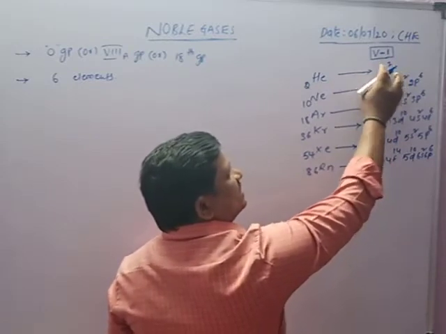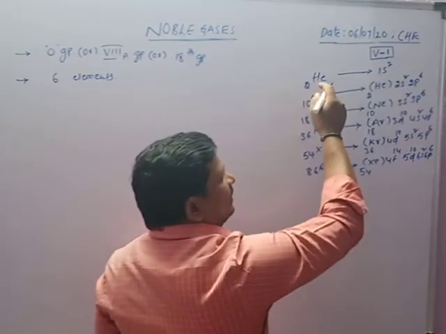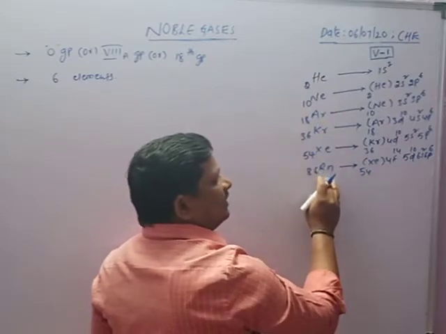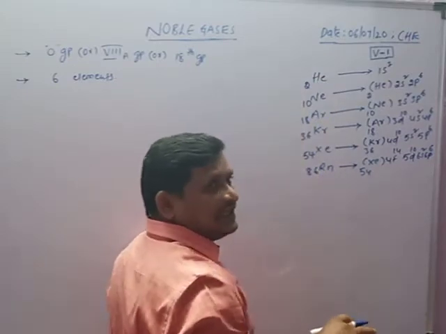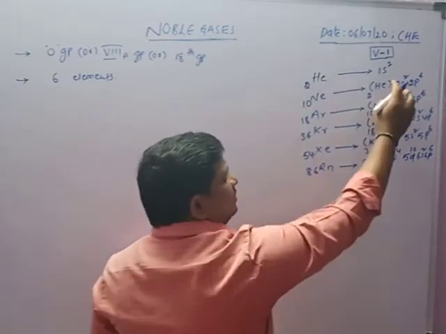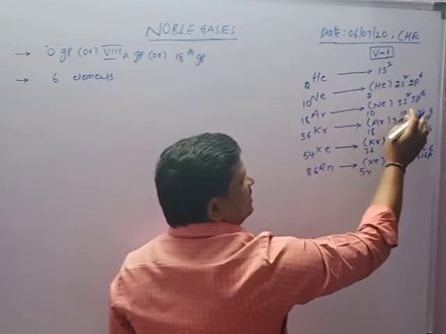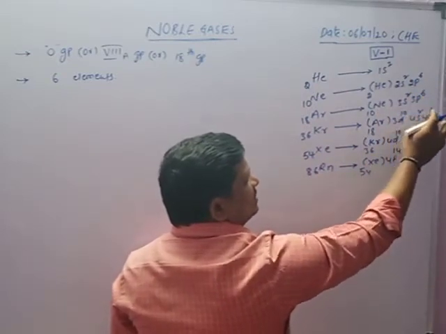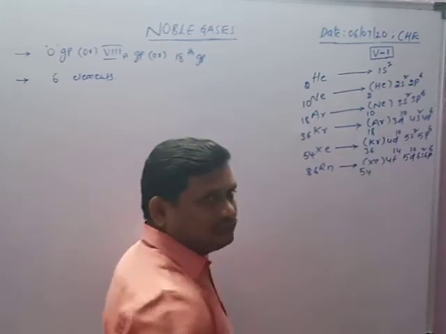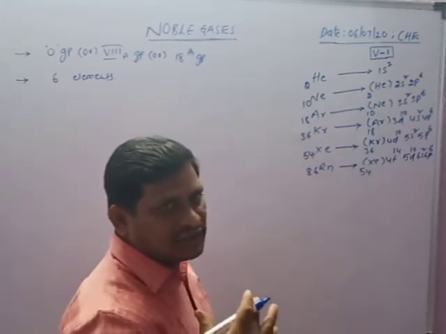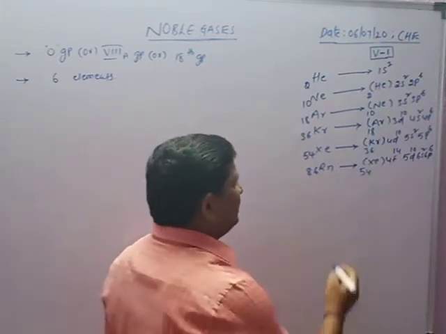In helium, with 2 electrons, the s subshell is completely filled. From neon to radon, the outermost shell is completely filled because of 2s2, 2p6, 3s2, 3p6, 4s2, 4p6. The outermost ns and np are completely filled.